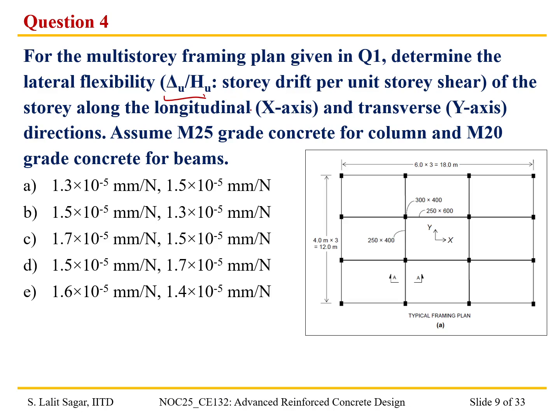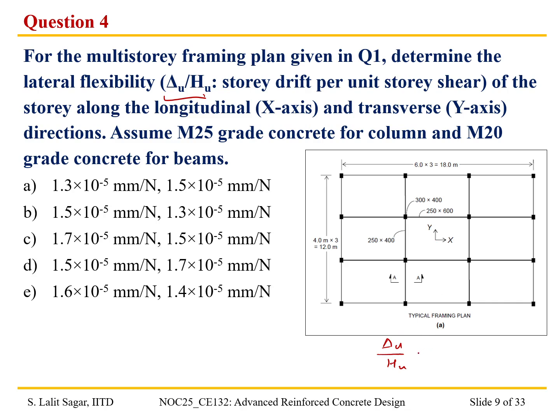Here we need to look at one term, that is flexibility. Stiffness is usually the other way around. So let us look at the units for this particular term. We have delta u by hu, where delta u is the lateral displacement of this framing plan along any lateral direction, that is x direction or the y direction, and hu is the story shear.